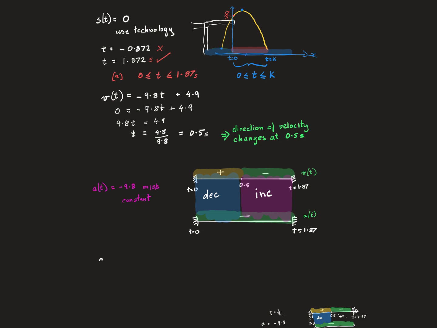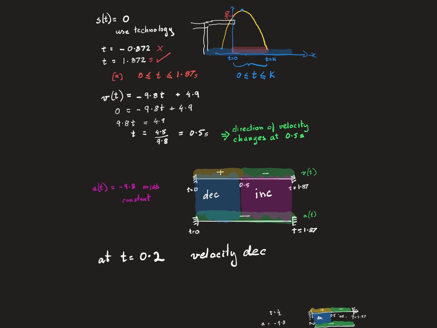Hence, at t equals 0.2, which would be in this area over here below 0.5, we will know that the speed is decreasing.